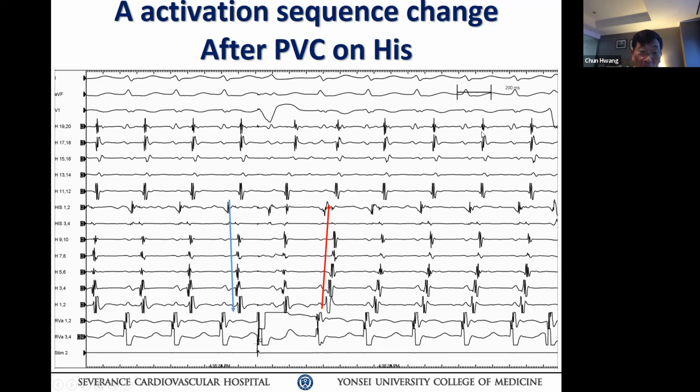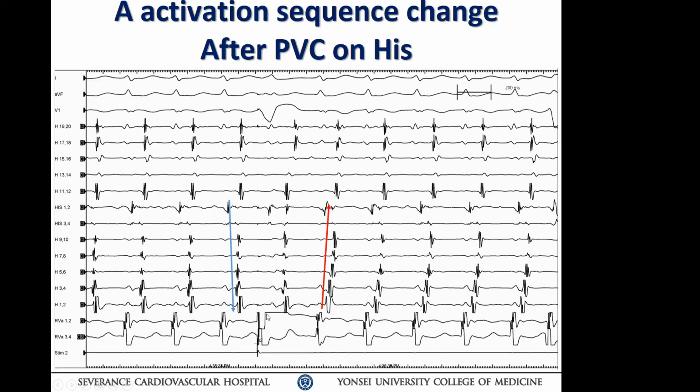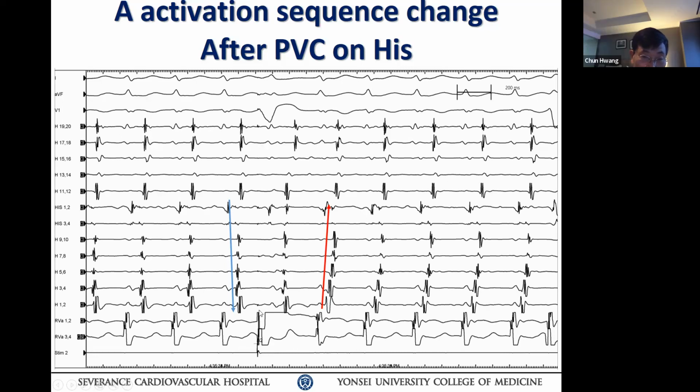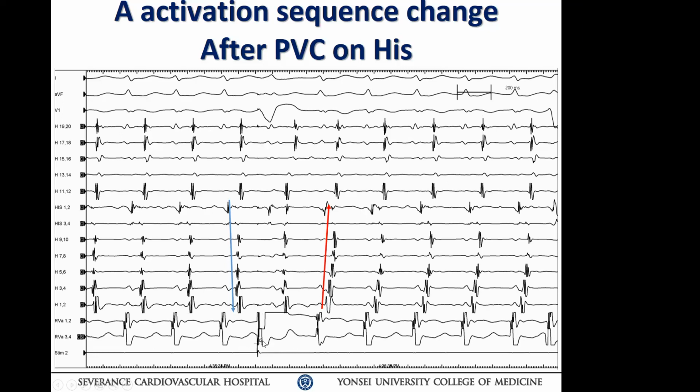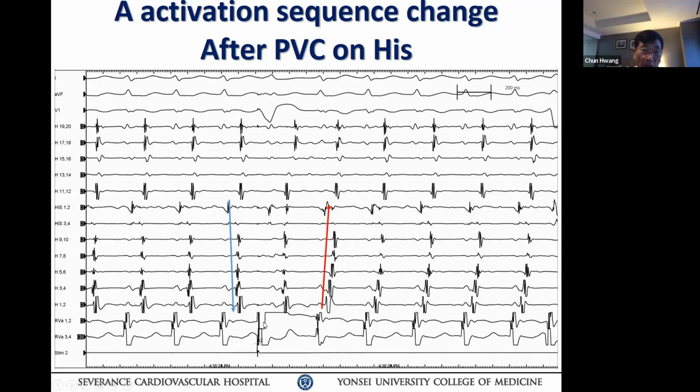And then you gave a PVC. You gave a PVC from the septum, I assume, because your AVF is a biphasic QRS complex. So that favors pre-excitation of the septal pathway.